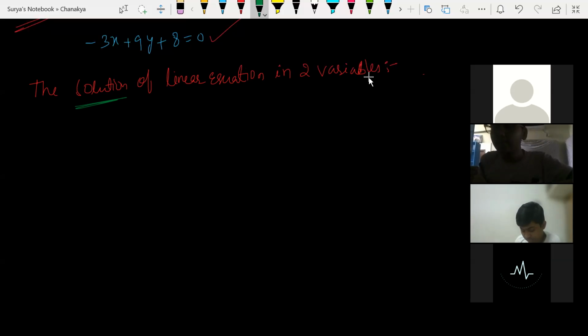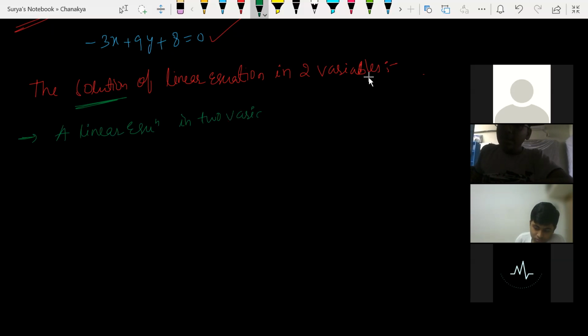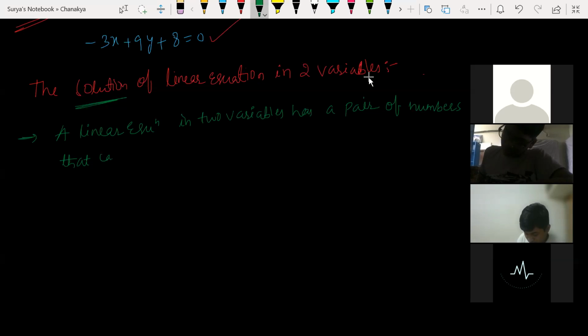Look at this. A linear equation in two variables has a pair of numbers that can satisfy the equation.